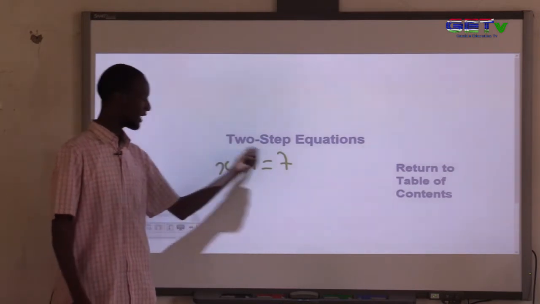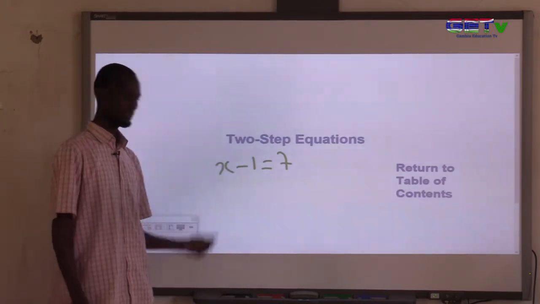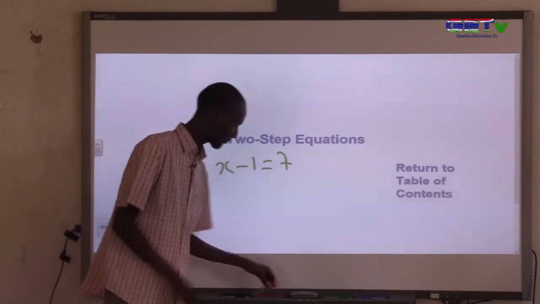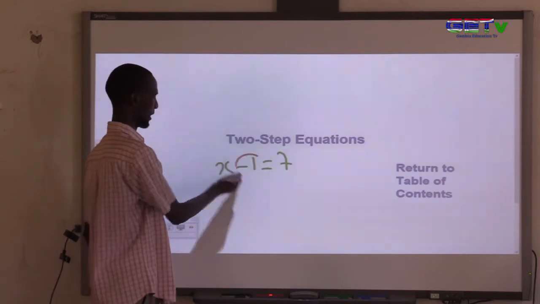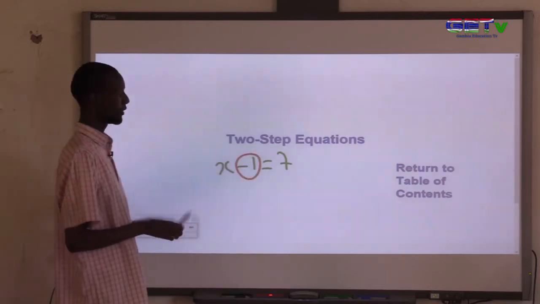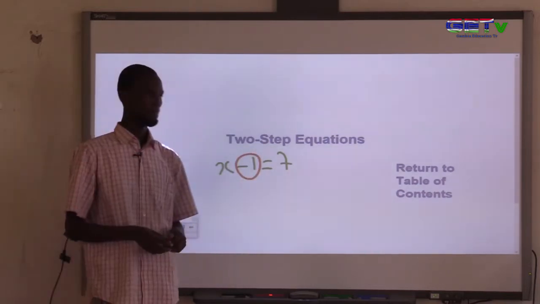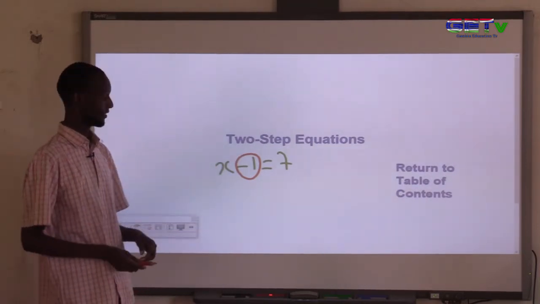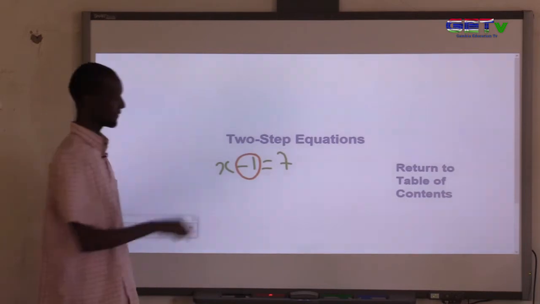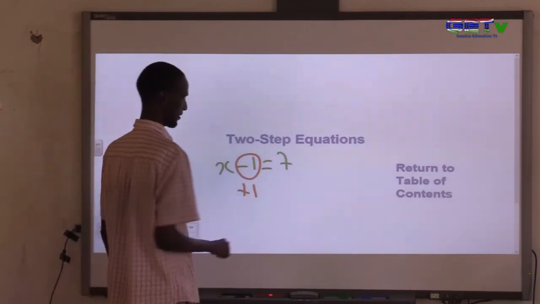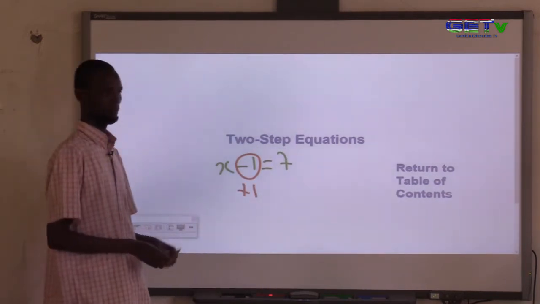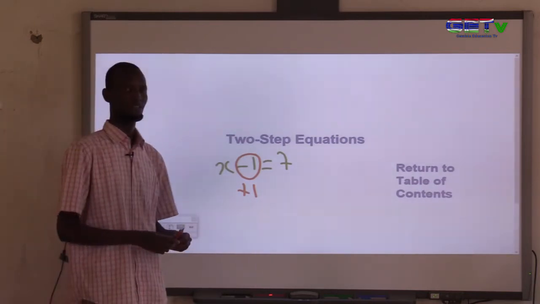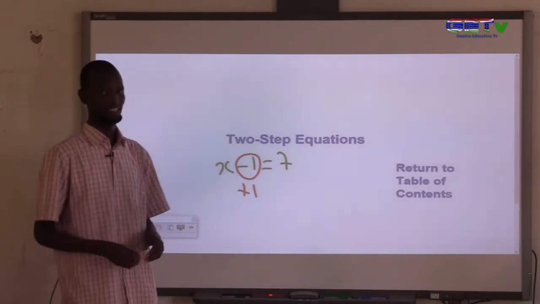So if I want to solve this, look at where the variable is. Together with the variable, you can see there's a minus 1, which we need to undo, and we know to undo a negative, you add. So to undo a minus 1, you just say plus 1. But remember, whatever you do to one side of an equation, you must do the same thing to the other side.